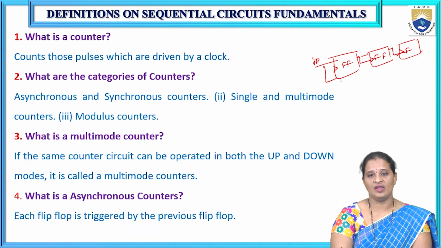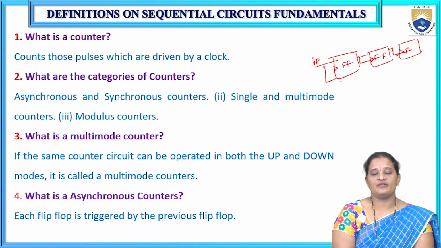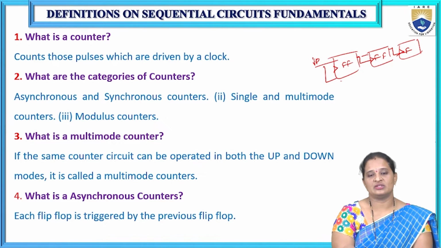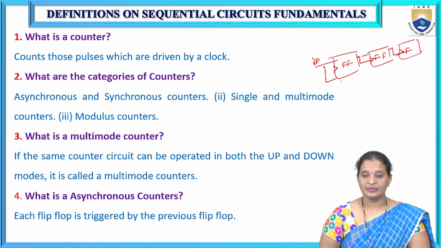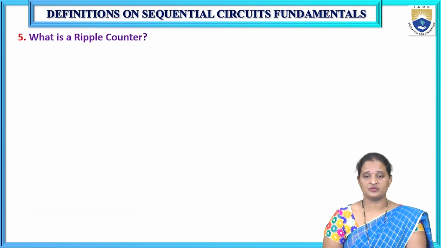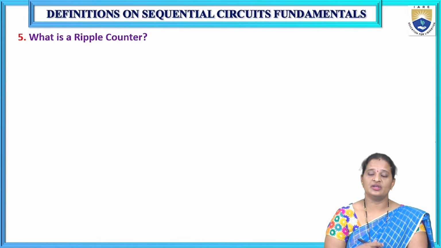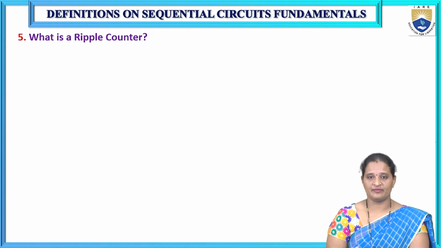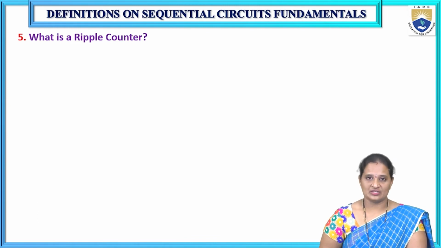Or in another way, if all the flip-flops are not triggered with the same clock pulse, then such counters are said to be asynchronous counters. That means all the flip-flops are working with different clock pulses.